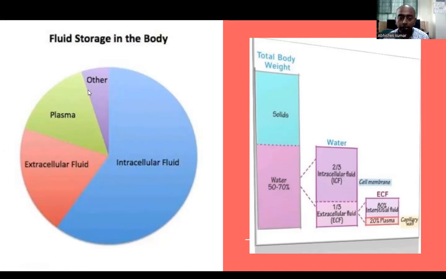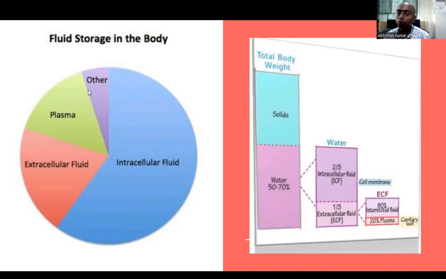So what is intracellular fluid? The fluid present inside the cell. If we are talking about a cell containing fluid, that fluid is considered intracellular fluid. And what is extracellular fluid? Extracellular fluid is present outside the cell to maintain the function of the cell.